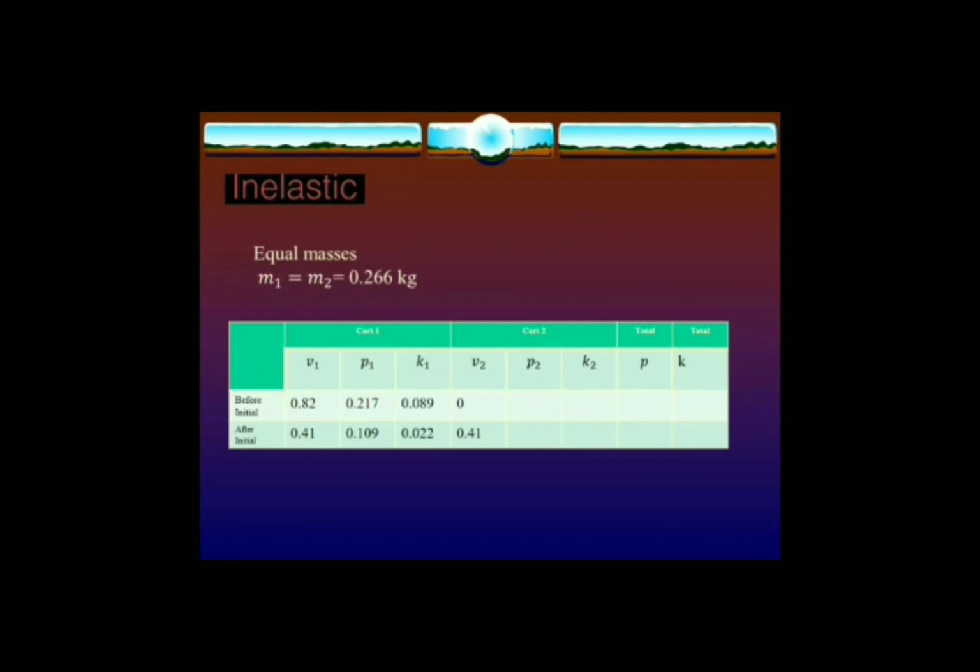P2, momentum of car 2, momentum equals mass times velocity. K2, kinetic energy of car 2, kinetic energy equals half mass times velocity squared. And the last column must be the total momentum and the total kinetic energy.